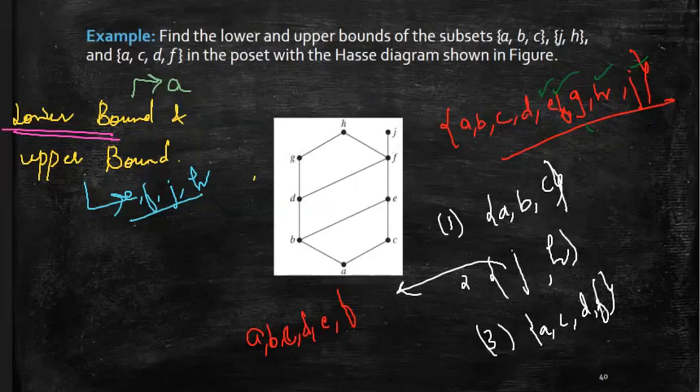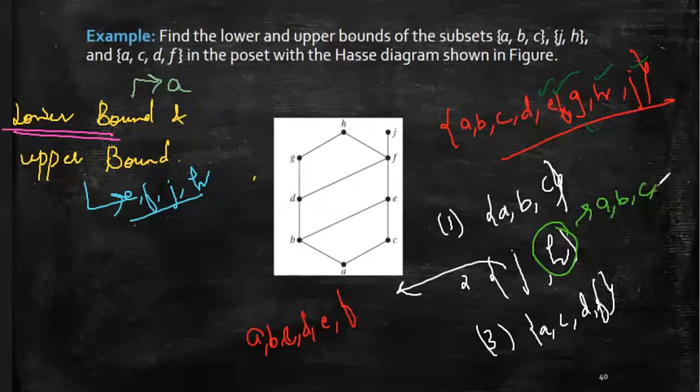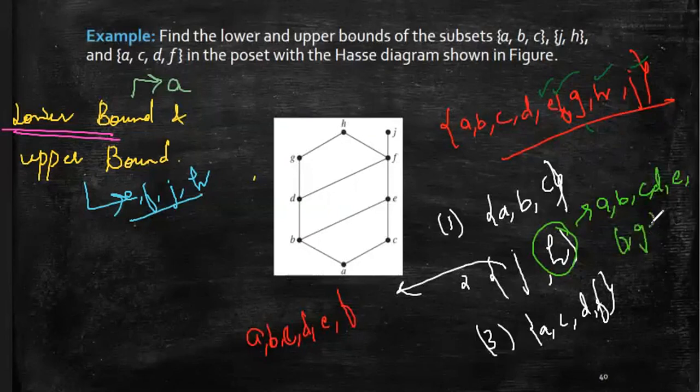Now what about H? What are the elements which are the lower bound of H? The lower bound of H will be all the elements excluding J. So elements excluding J means A, B, C, D, E, F, G and H. Why aren't we taking J?